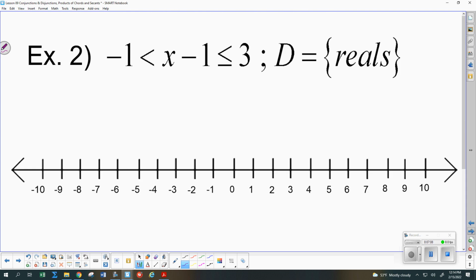All right, this next one starts off as one of those triples. It is a conjunction. This means -1 is less than x minus 1, and x minus 1 is less than or equal to 3. We still want x by itself. If we have x minus 1 and we want just x, what do we need to do?